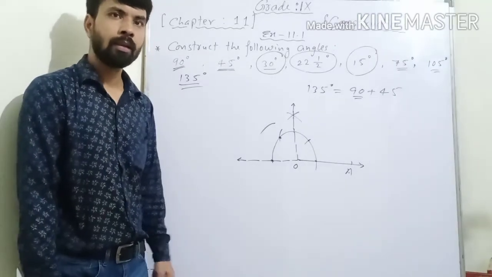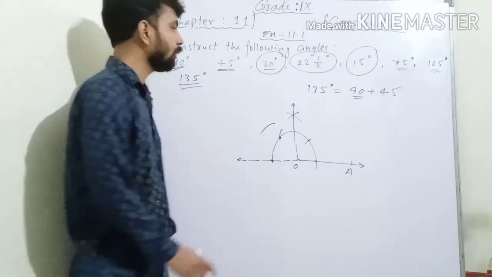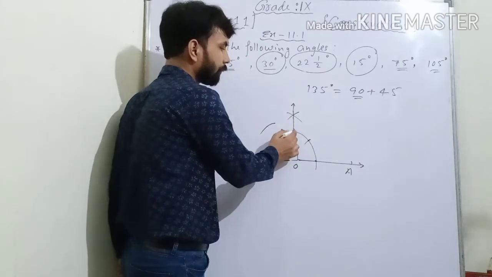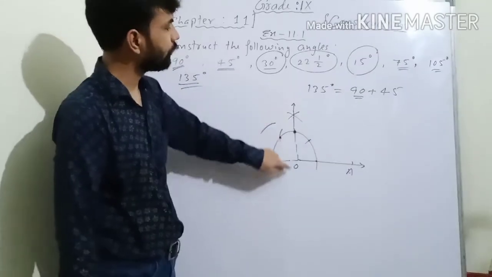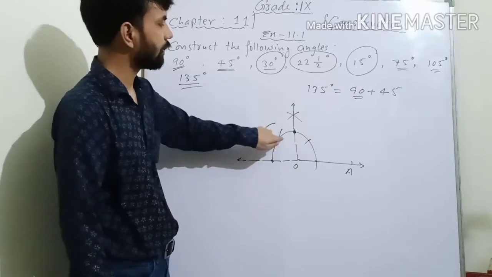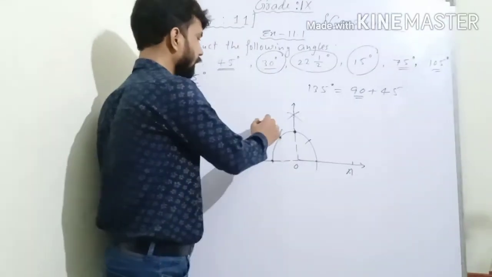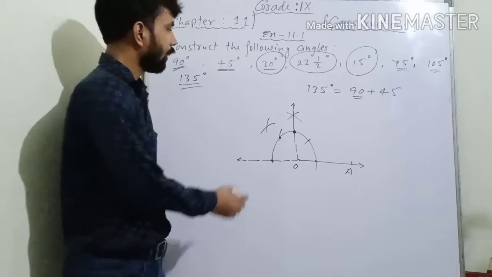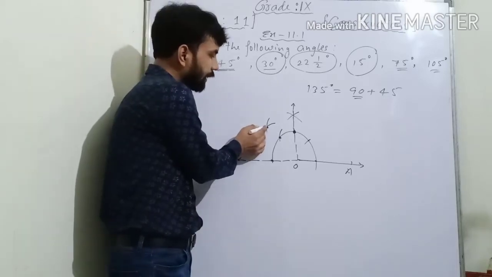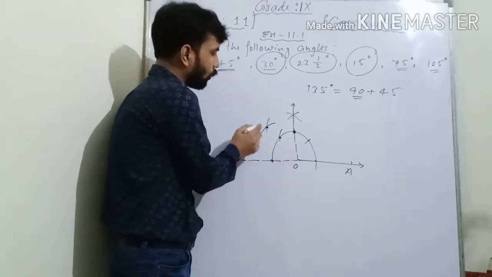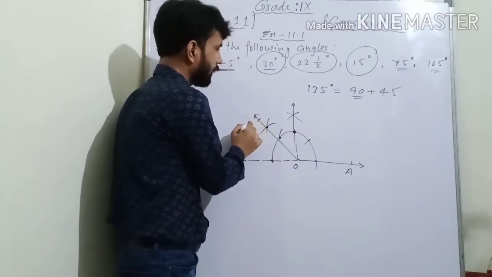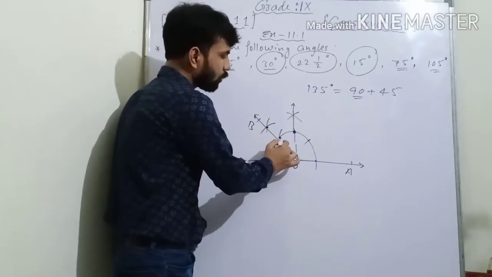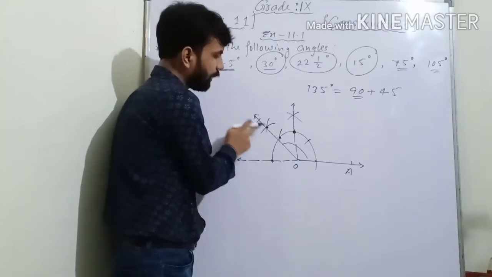Clear? Now the second arc we will draw from this point. Now put your compass at this point where the ray of the 90 degree angle and the semicircle intersect and construct another arc. Where these two arcs intersect each other, join this point to O. This point is B. Now this whole angle, which angle?